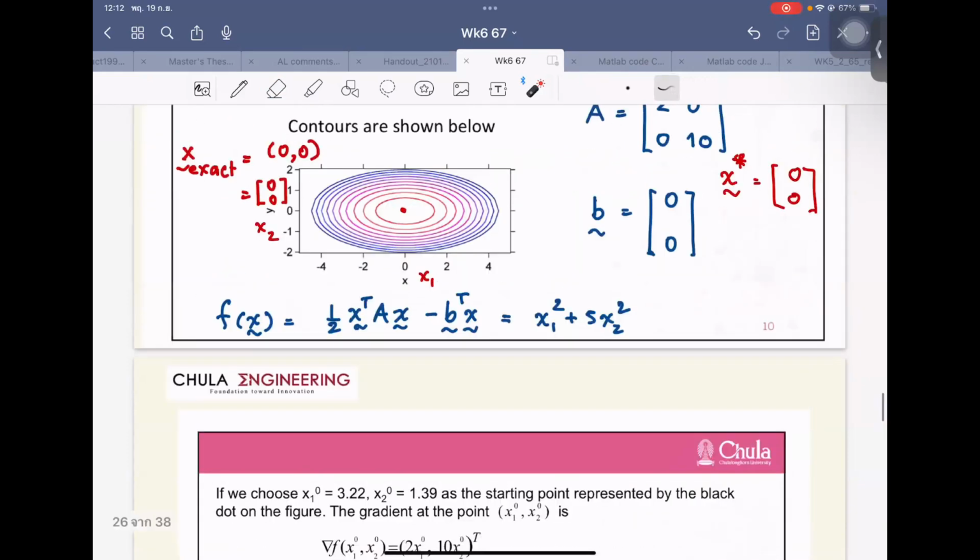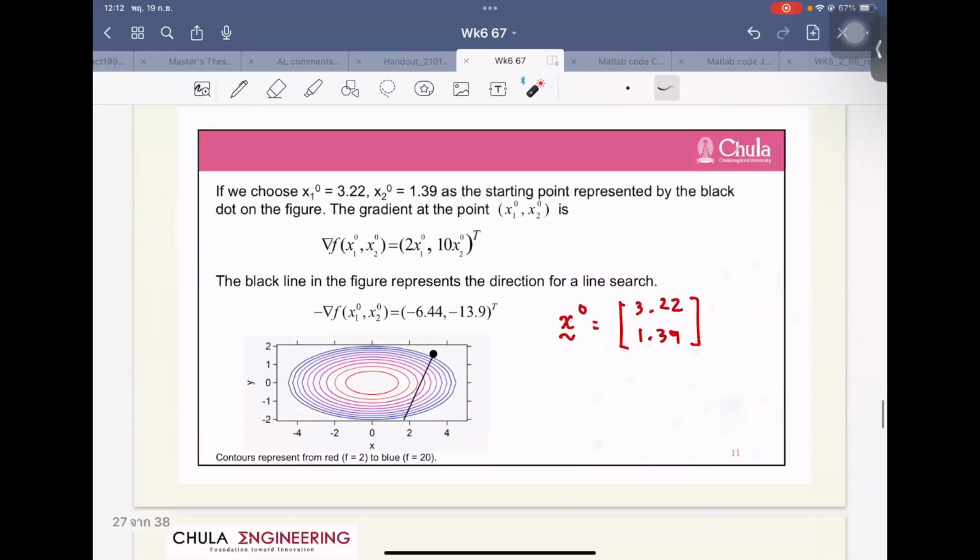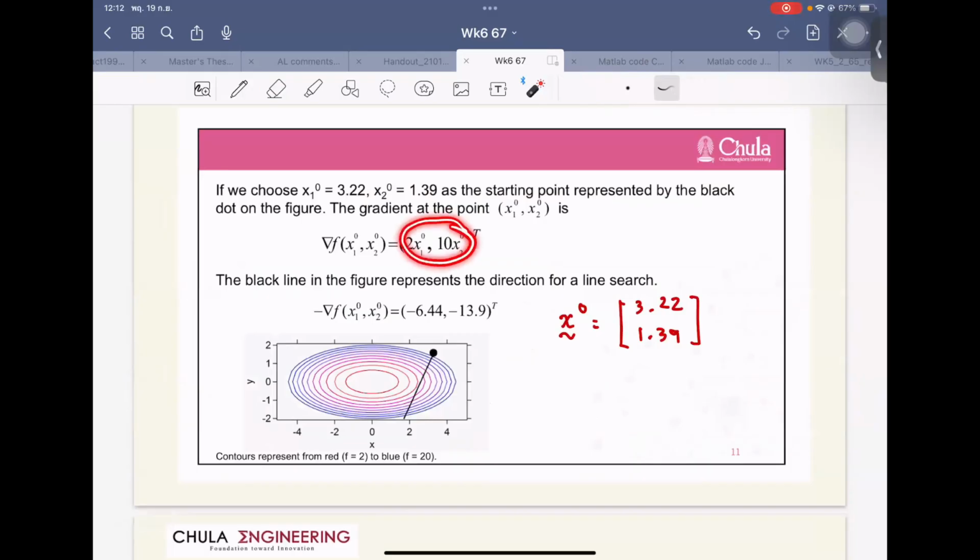Take the partial derivative with respect to x1, you get 2x1, right? With respect to x2, you get 10x2. And you can find the gradient, and then plug in. Now you want to find the gradient at this particular point, the initial point. Now this is your negative gradient.